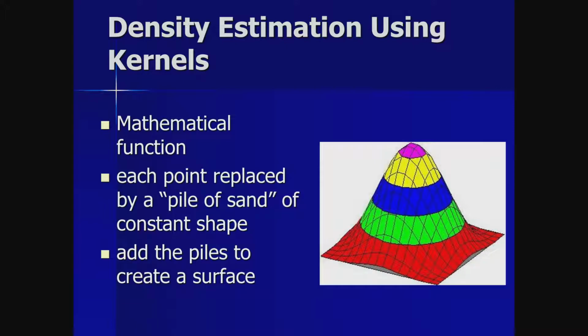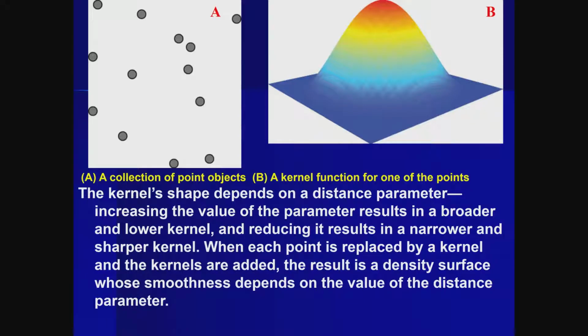So if there are 2 that overlap, then their values are added together. So you get a nice, smooth sand pile. Sometimes it has multiple peaks and ridges and valleys, and that's the result there. Now, by default, ArcGIS and most other software packages, when they're calculating this, the shape of the kernel depends on the distance parameters.